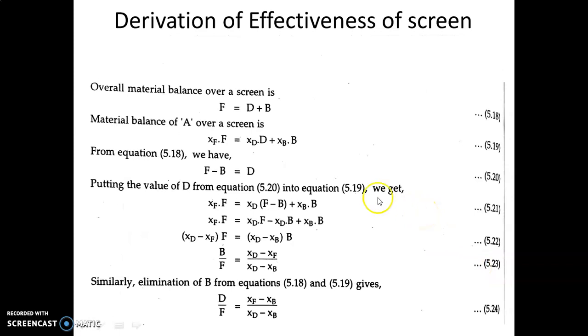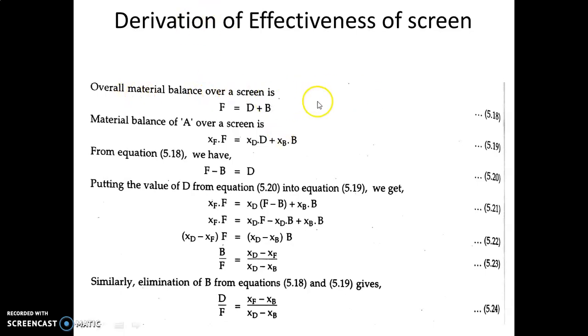Then we have to calculate the effectiveness of the screen. For that purpose, we have to write the material balance. Material balance is nothing but input equals output at steady state condition. That means whatever material you have given to any process should be taken out in the output.